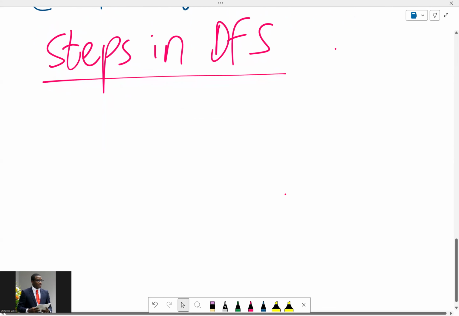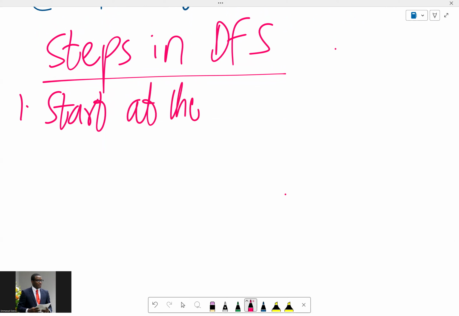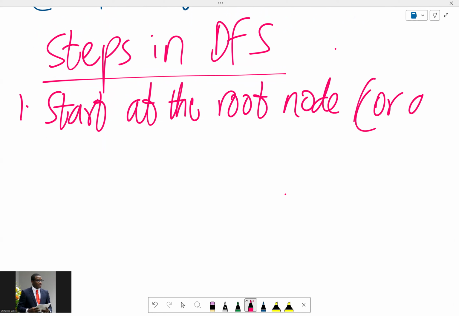So step one, you start at the root node or an arbitrary node. The root node would usually be a well-known starting point.